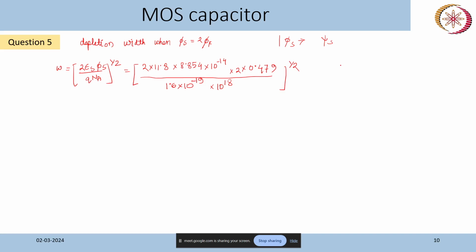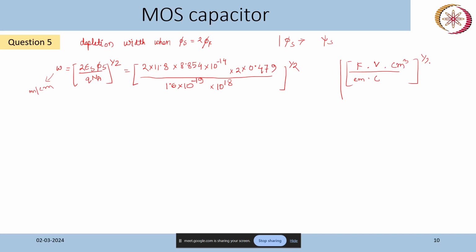So let's do a dimensional analysis also to see if we are doing it correctly. The width of the depletion region should have a unit of meter or centimeter, something in terms of length. Here this is unitless, this is farad per meter. So we are writing in terms of centimeters, so this is farad per centimeter, this is volt, this is coulomb cube, and this is per centimeter cube. So let me write here centimeter cube, and there is a square root.